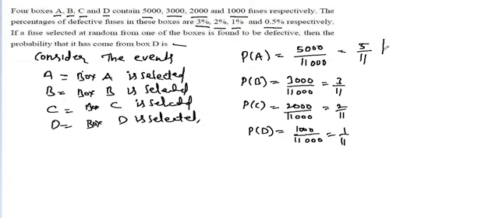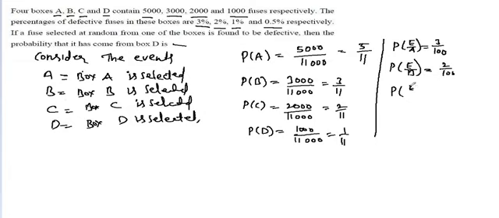And the defectives in box A are 3%, that is probability of E by A is equal to 3 by 100. The probability of E by B, defectives in box B, is 2 by 100, since 2% means 2 by 100.